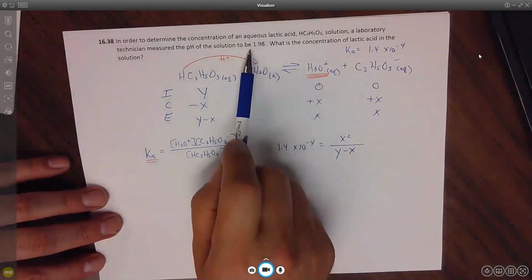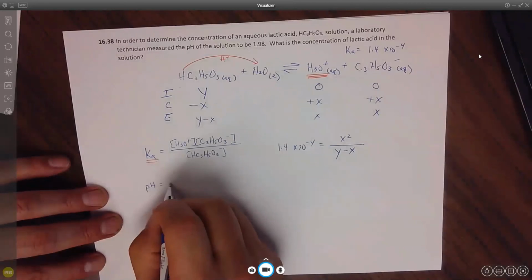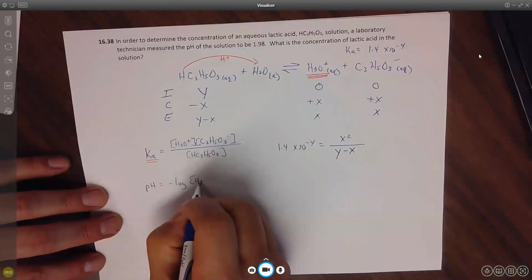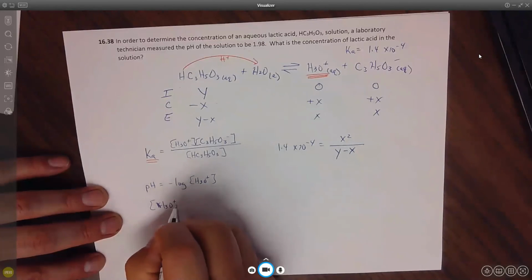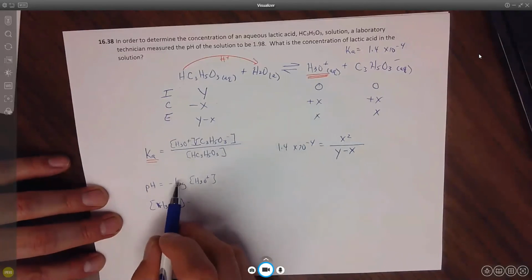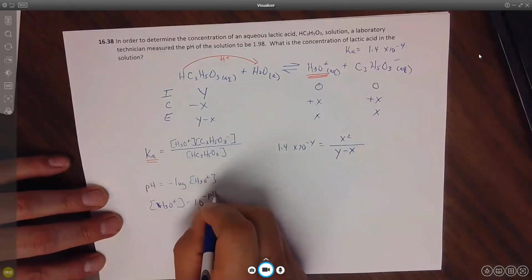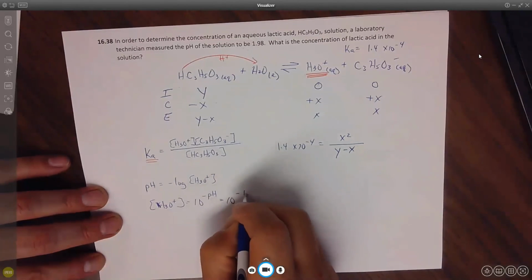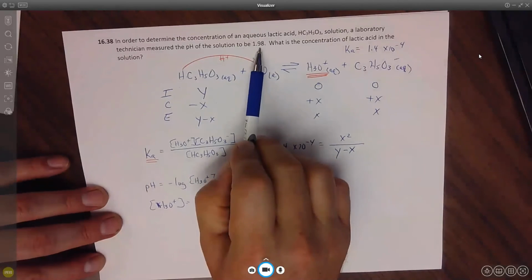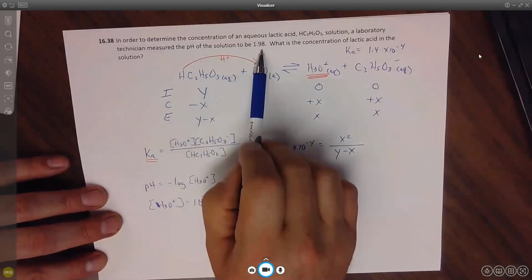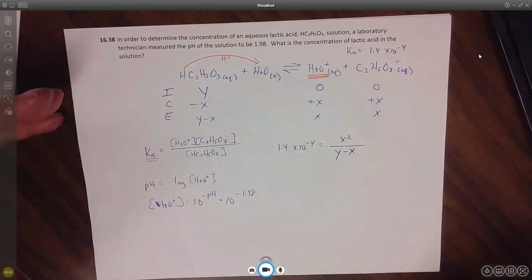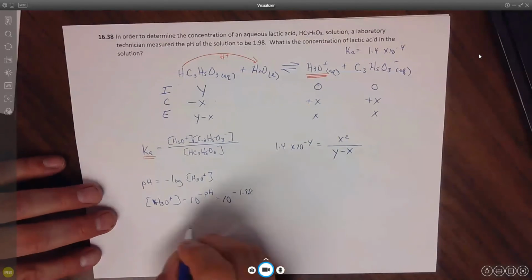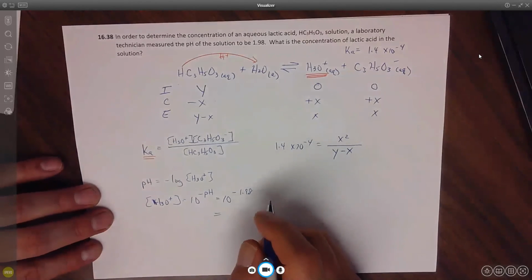We know the pH is equal to the negative log of the hydronium ion concentration, so the hydronium concentration is 10 to the negative pH, 10 to the negative 1.98. They gave us that value in the problem. When they tell you that the pH of the solution is something, you automatically have to assume that it's at equilibrium.